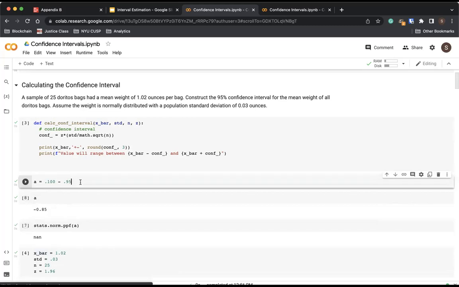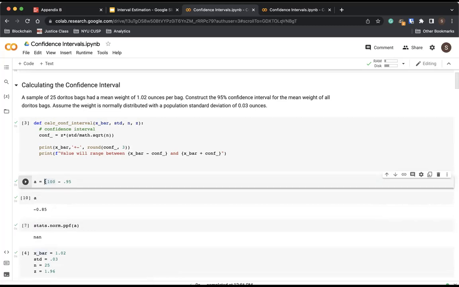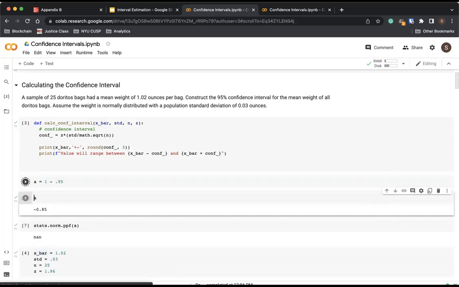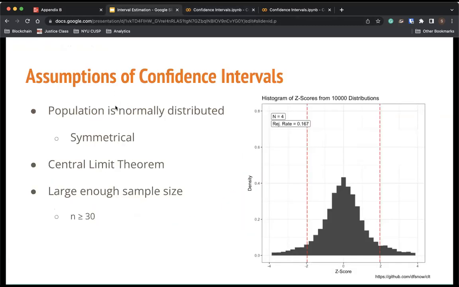What were we missing? And this actually is just like 1 minus. We're still missing something? Yeah, because this would be the area outside of that 0.95. So back to the slides.